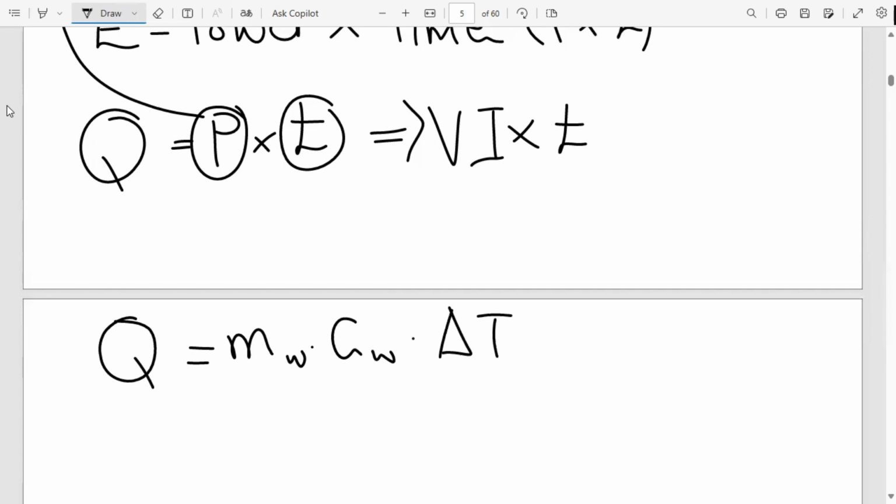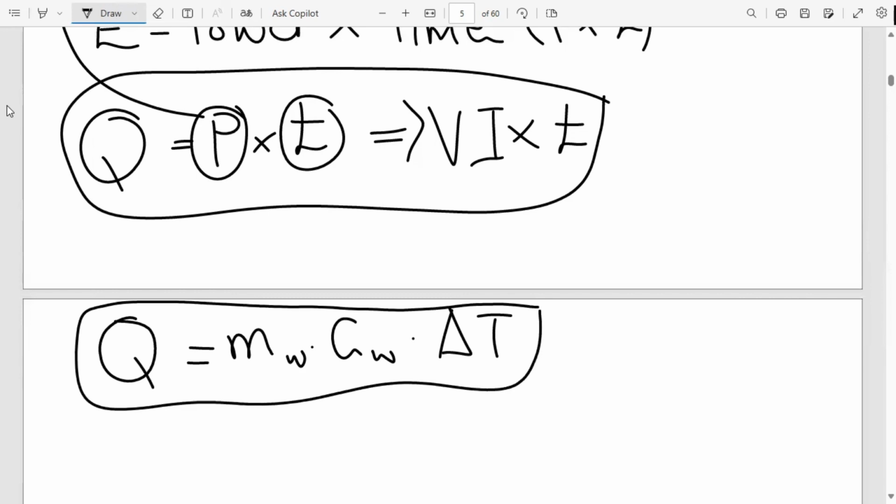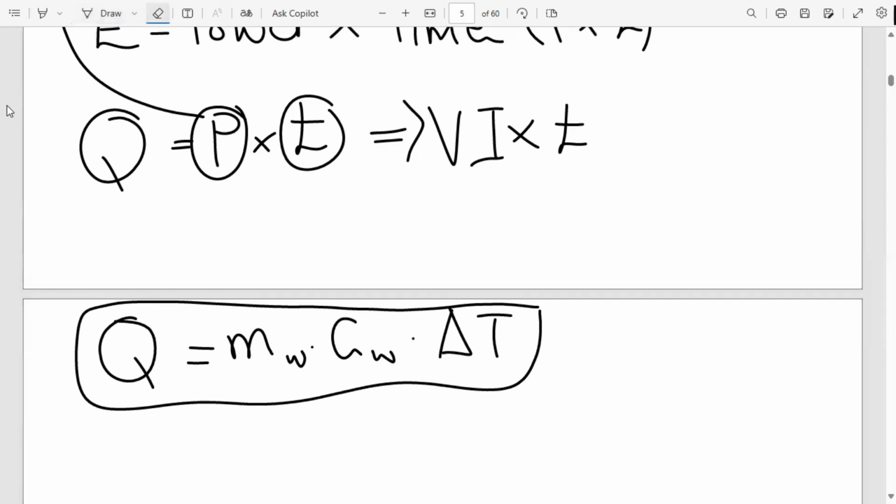So we're now going to equate these two equations. We have this equation from the electrical appliance, and we have this equation relating the energy gained, the mass of that substance, the specific heat capacity of that substance, and the change in temperature.